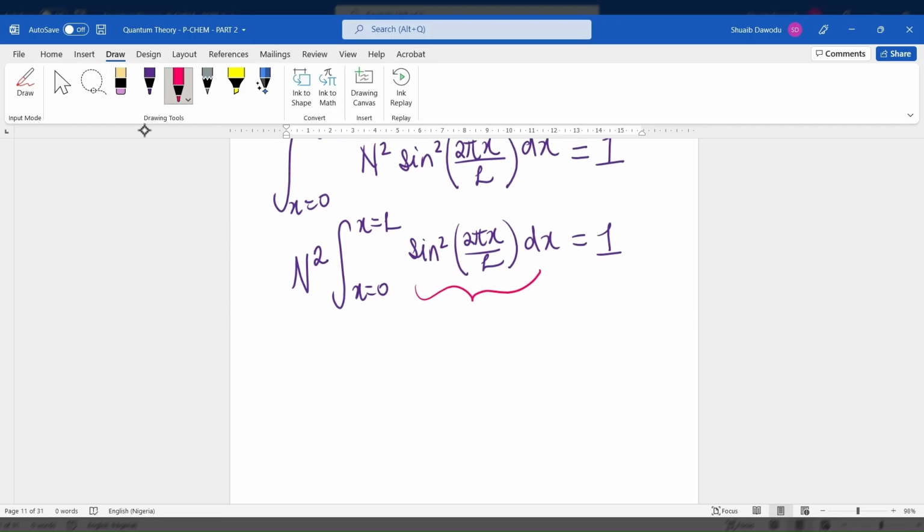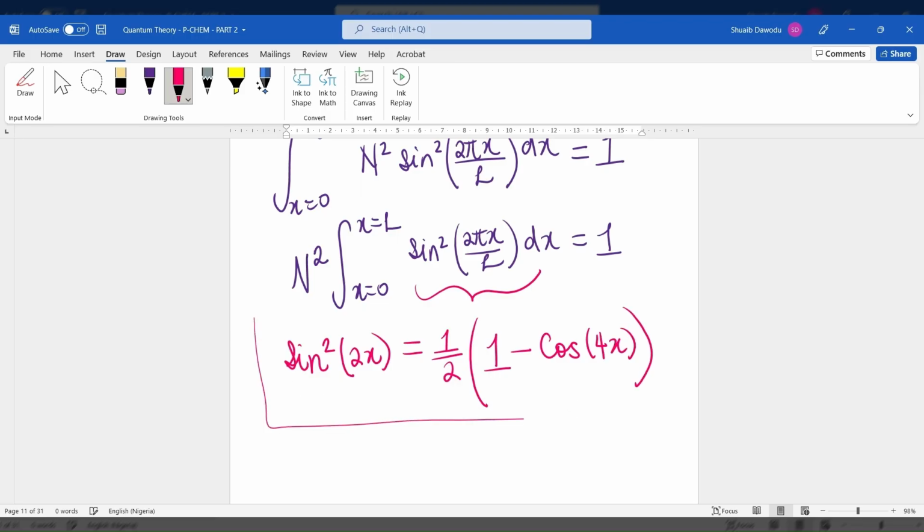Now, because of this knowledge, I'm going to take you back to trigonometric identities. One of the identities is sine squared of 2x is simply 1 over 2, open bracket, 1 minus cosine of 4x. When you look at this trigonometric identity, you can use this to substitute over here.